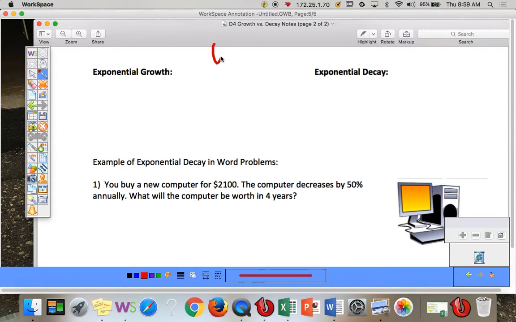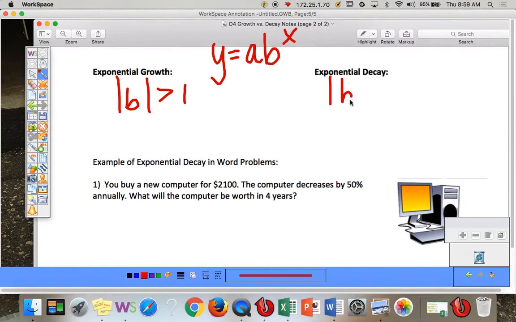For both equations, we have y equals a starting value times b to the x. And we can tell it's growth if the absolute value of b is greater than 1. If the absolute value of b is less than 1, so for example 0.25 or 0.6, then it's decay. Here's what growth looks like. Here's what decay looks like.